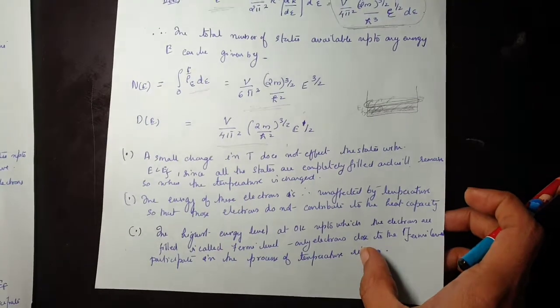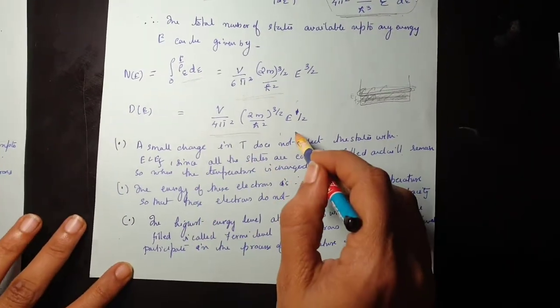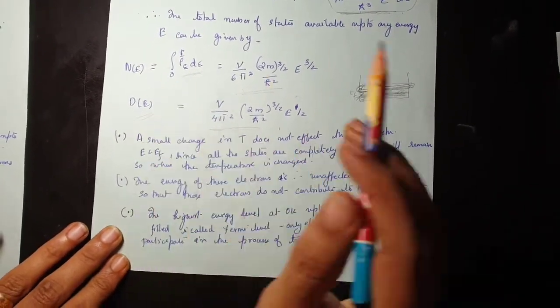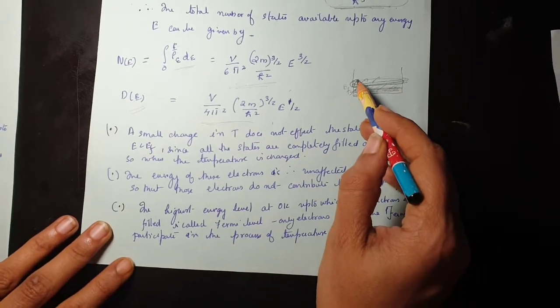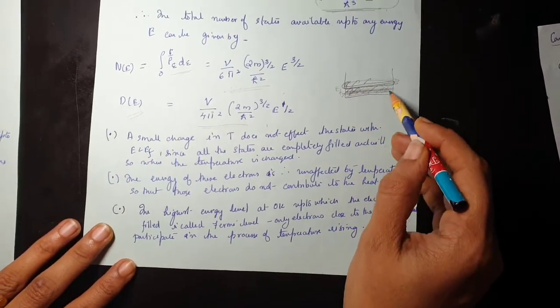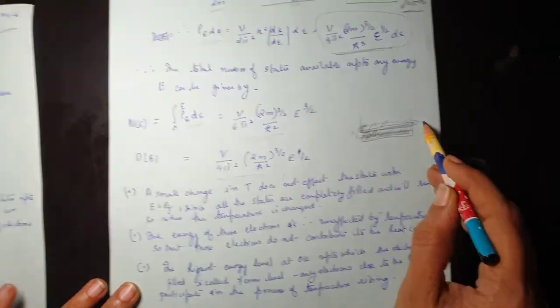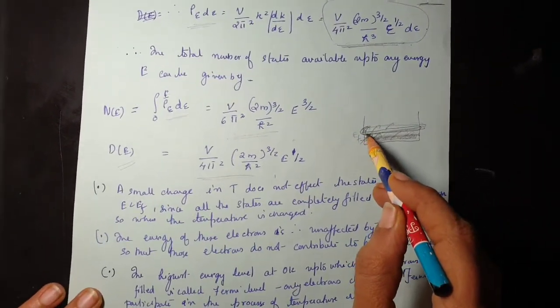Now we already know the density of states for any energy E. We don't need the information about the deeper electrons, we only need the information about the electrons present near the Fermi energy.